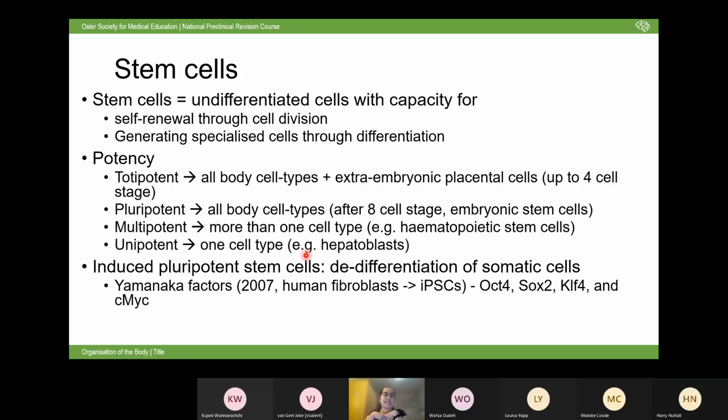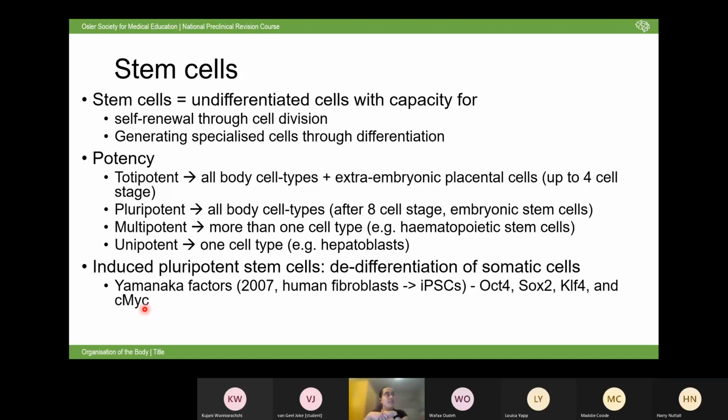And induced pluripotent stem cells are a recent-ish discovery, which is essentially that normal somatic cells which aren't capable of replication, for example fibroblasts, so skin cells, can be de-differentiated back into cells capable of differentiation into many different lineages through the introduction of specific transcription factors.